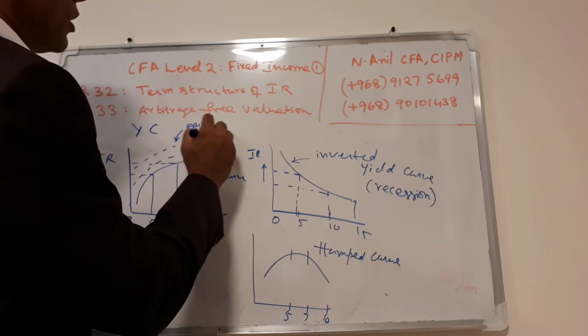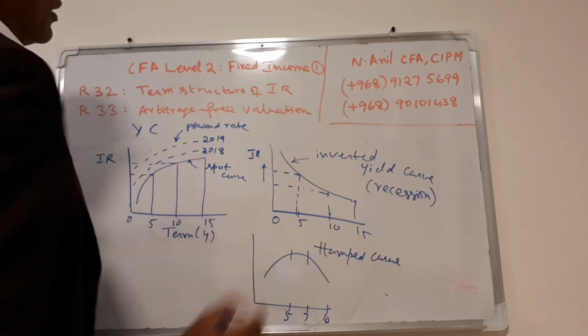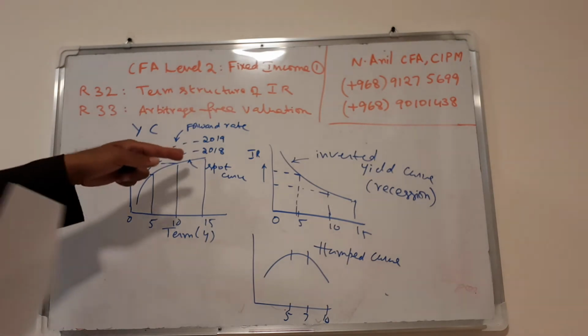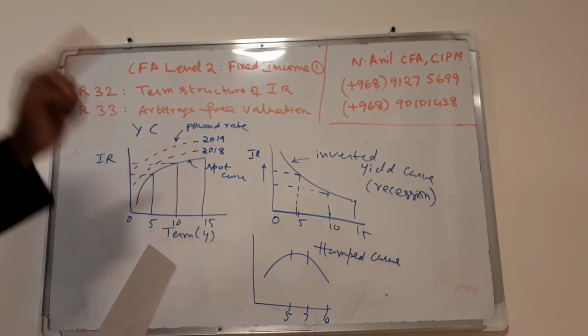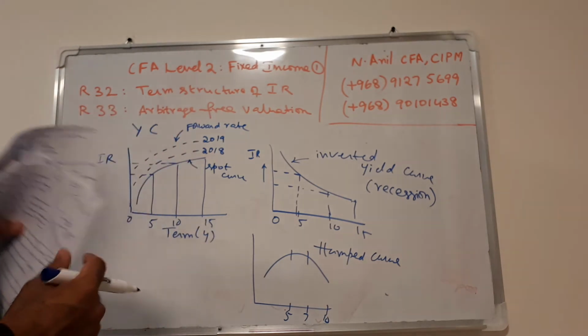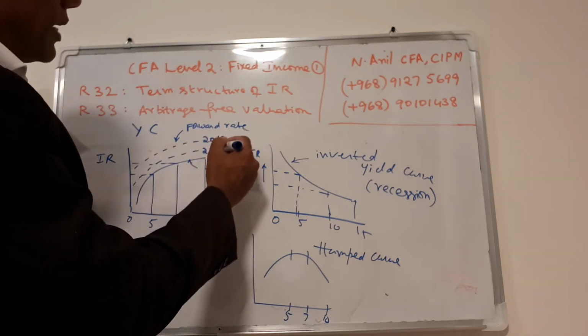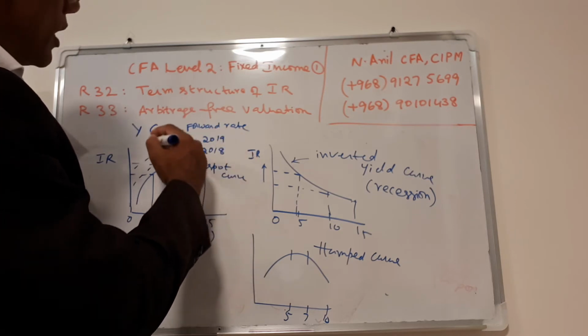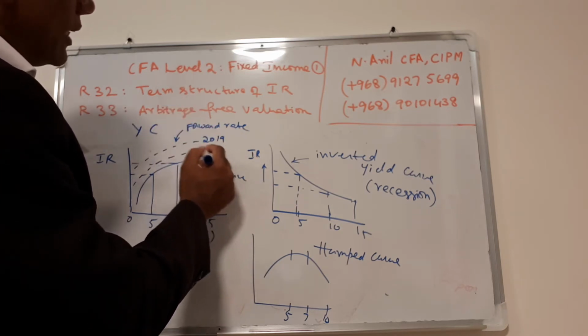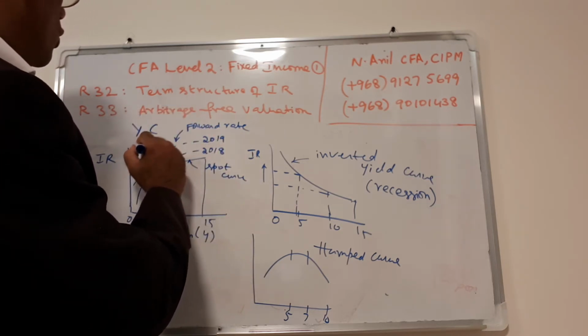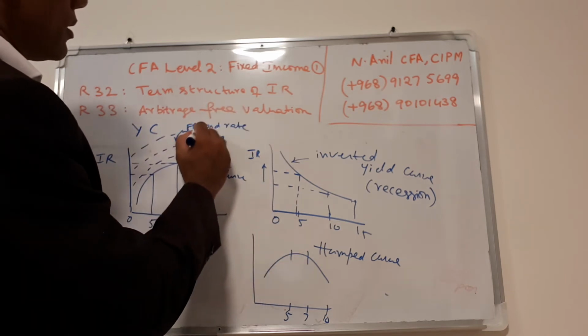So for upward sloping, please remember the forward rate curve will lie above the spot curve, and the later the initiation, it will be above the earlier initiated forward curve. So 2020 will be like this.